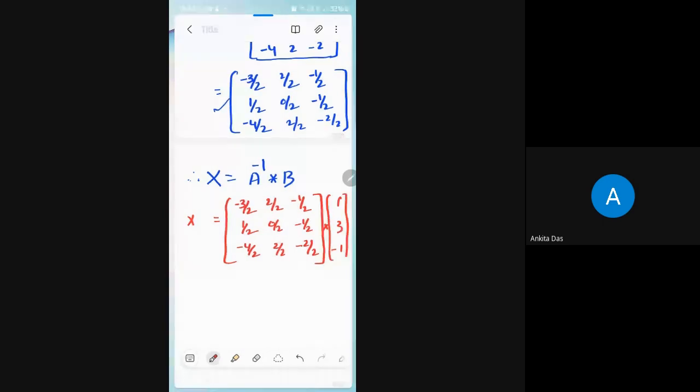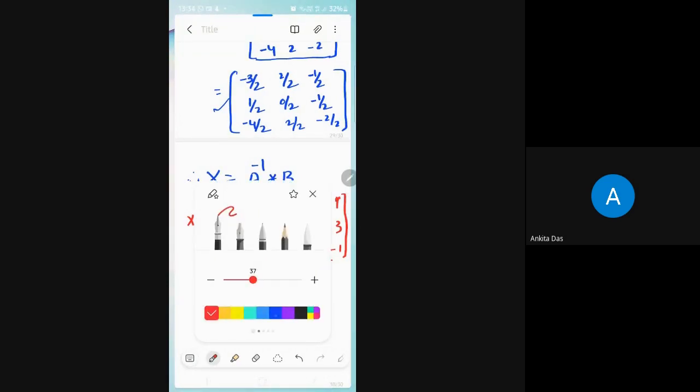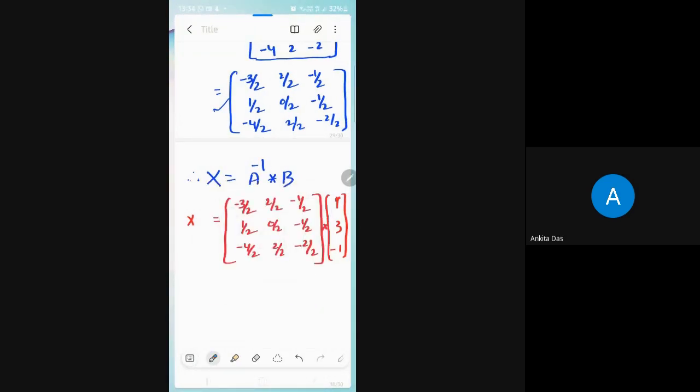Now listen carefully. The order of my first matrix is 3 by 3, and the order of my second matrix is 3 by 1. I have 3 rows but only 1 column.